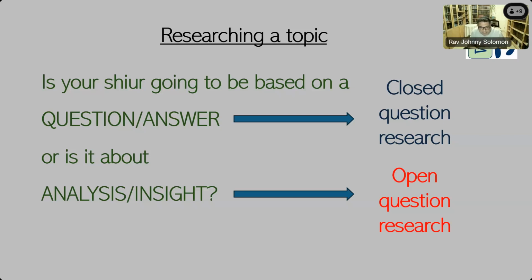Whereas if I'm interested in analysis or insight, I may be looking a little bit broader, both in terms of the Jewish bookshelf, but also in terms of the kind of ideas and sources I may wish to incorporate in the shiur. So it has a bearing both on the methodology of research and also the tone and dynamic of the shiur itself, regarding how far you wish to go, what you wish to include, and what kind of comments you wish to invite in that particular shiur.